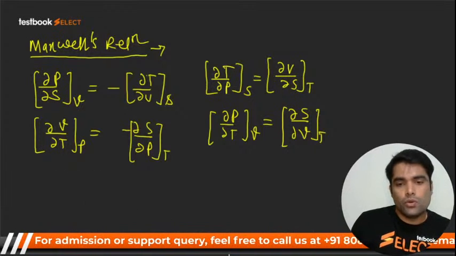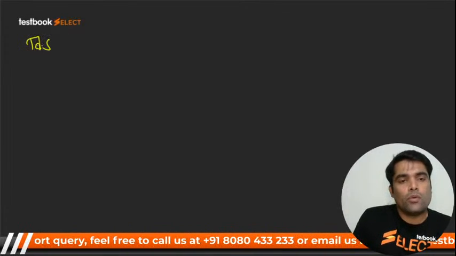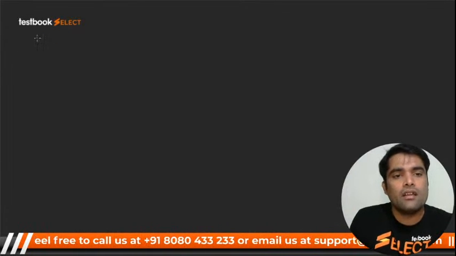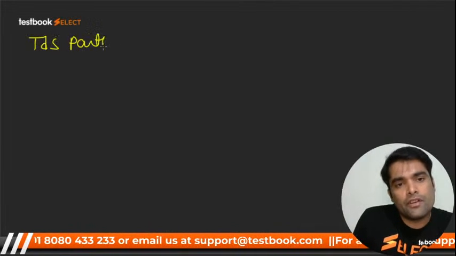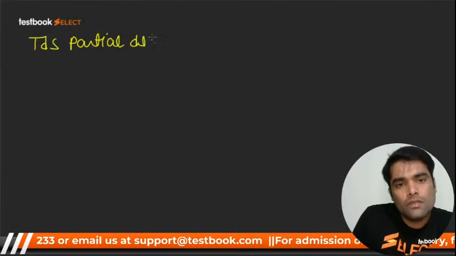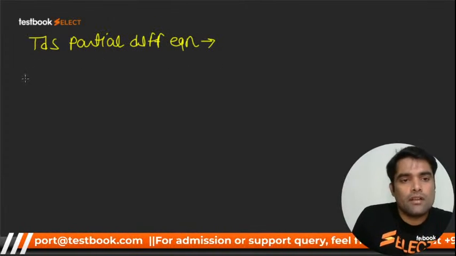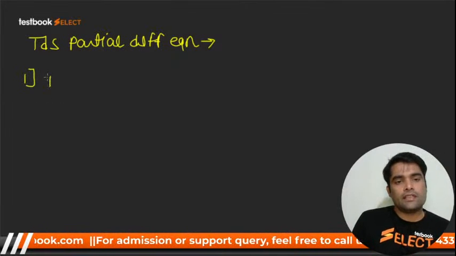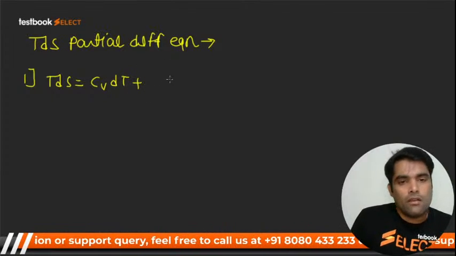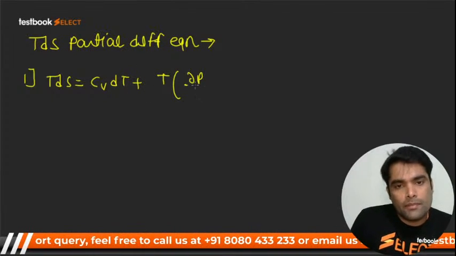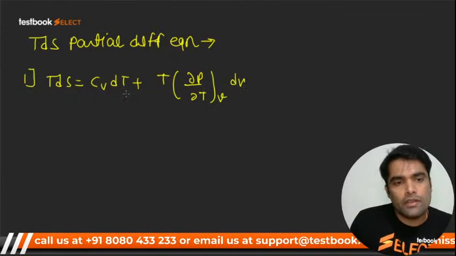And my dear, you know the TdS partial differential equations, the TdS that I mentioned earlier will come from the TdS relation. We have two equations. I'll write the first one: TdS is equal to Cv dT plus T into, in bracket, del P by del T at constant volume into dV.